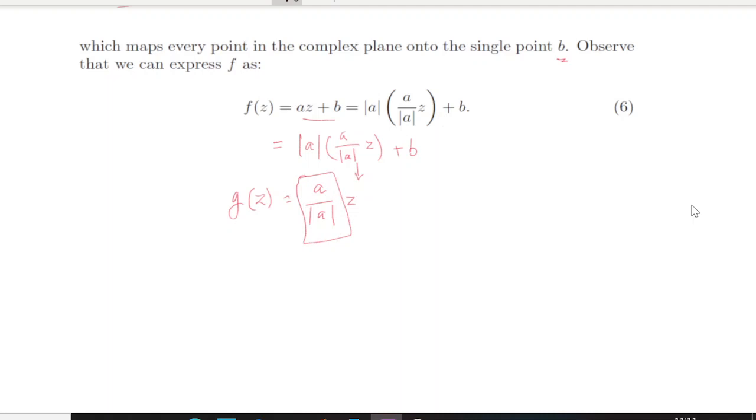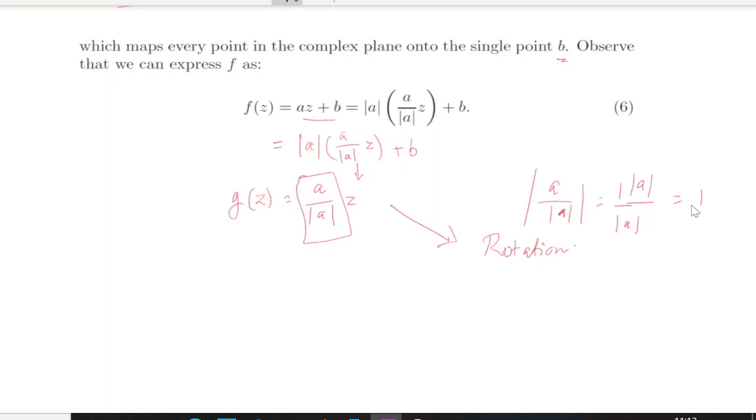The modulus of a/|a| is |a| times 1/|a|, and 1/|a| is a constant, so the modulus value is equal to 1. That means this is nothing but a rotation. Am I right? It is a rotation.